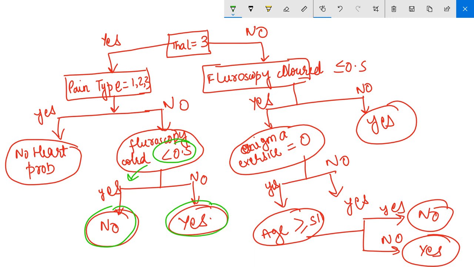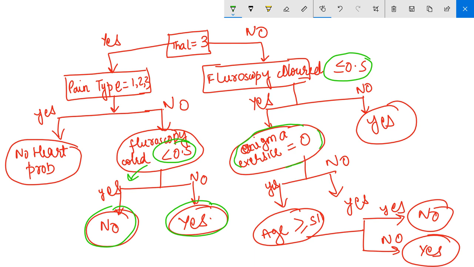And if thal is not 3, maybe less than or greater than 3, a doctor will ask you to go for fluoroscopy colored, and it should be less than or equal to 0.5. If it is, he will ask you to do enigma exercise.